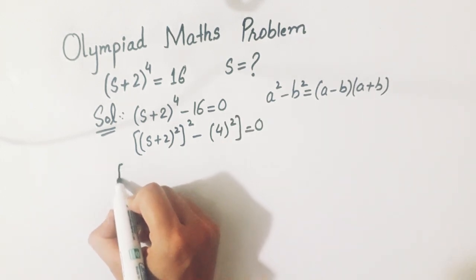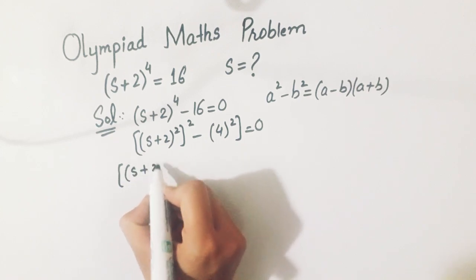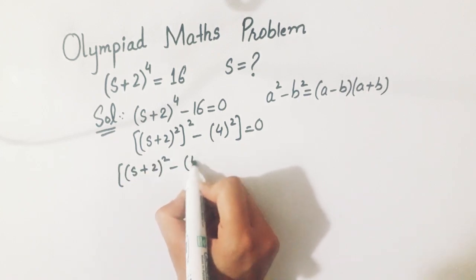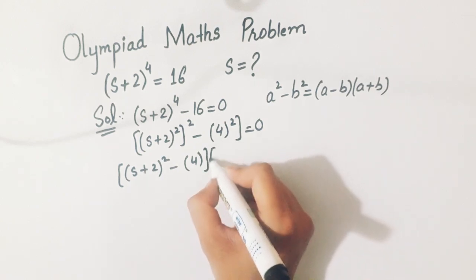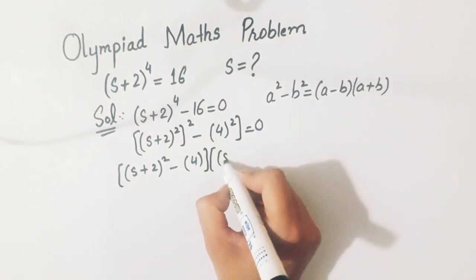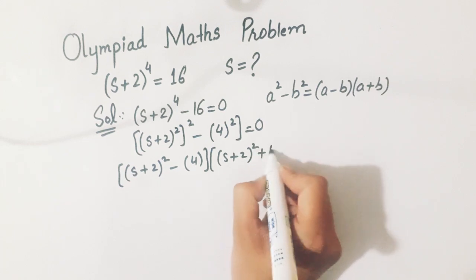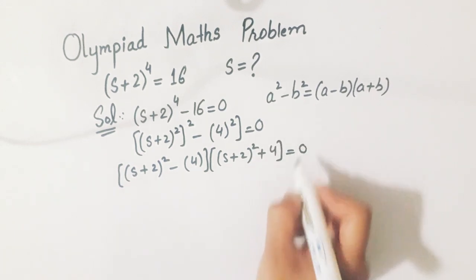That means we have two factors. First is (s plus 2) square minus 4, and the other one is (s plus 2) whole square plus 4, that equals 0.